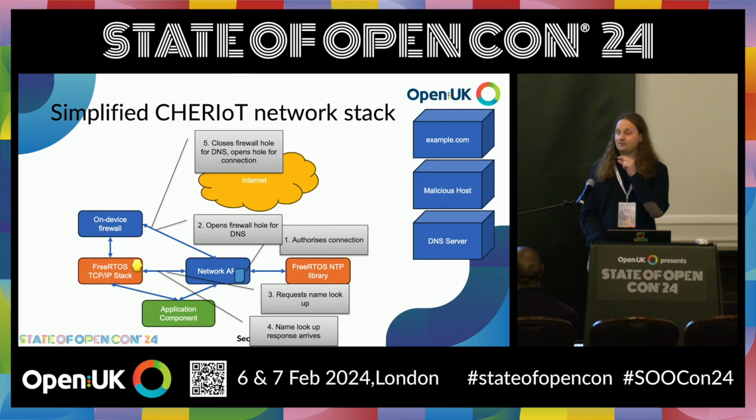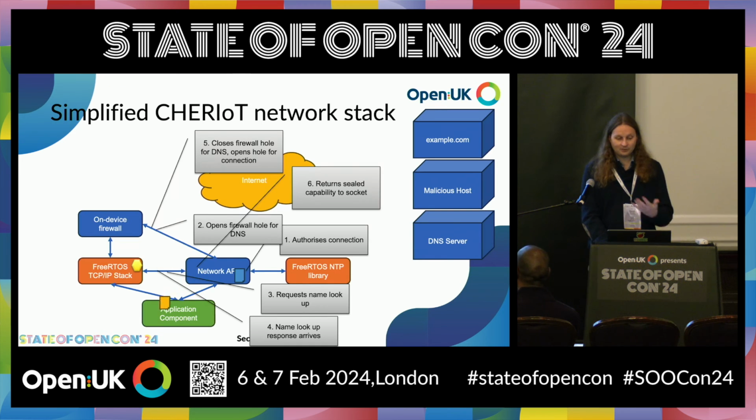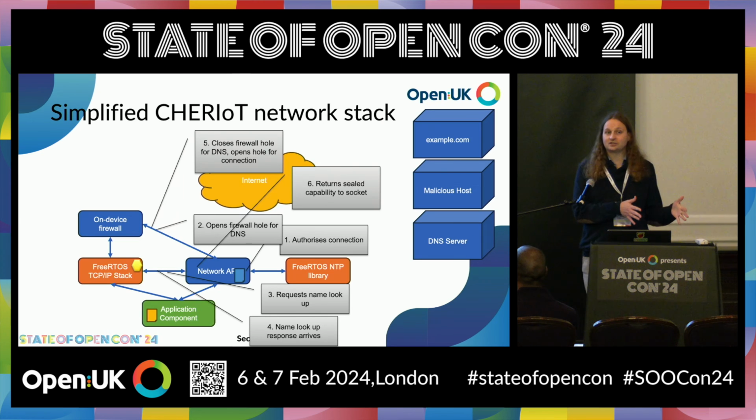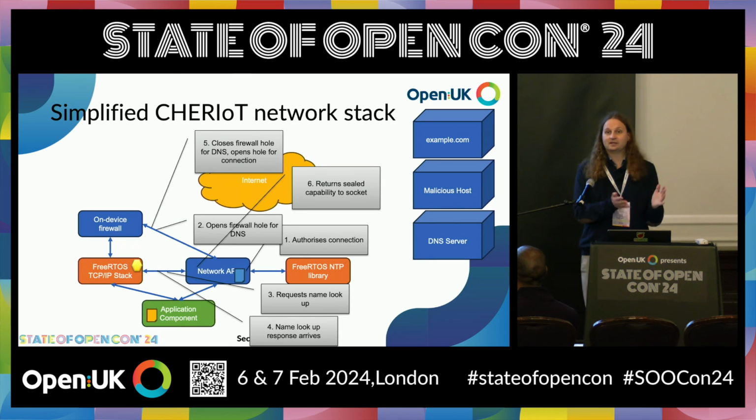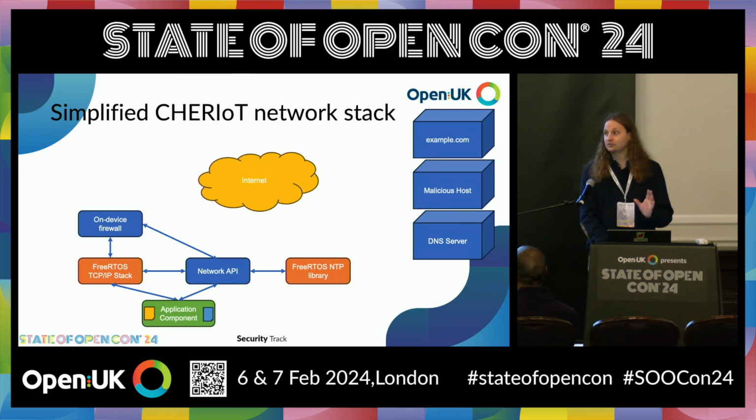It only has that very narrow 1 or 2 second window while we're waiting for the DNS response. And we hand back to your compartment another sealed capability which encapsulates the FreeRTOS network stack's socket object, the connection state and the send and receive buffers, and everything that's associated with that connection. And now that control plane compartment is out of the story.